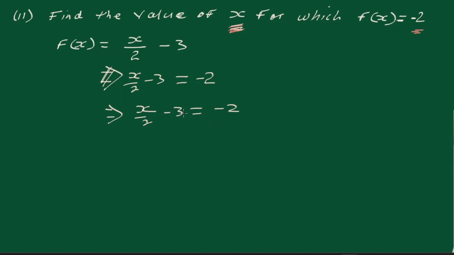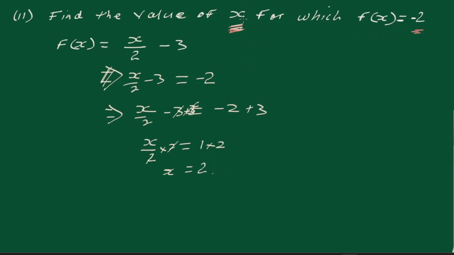We'll get rid of the negative 3 by adding 3 on both sides. If I add 3, the inverse of negative 3 is positive 3, and that will eliminate the 3 on this side, leaving us with only x over 2 equals negative 2 plus 3, which is equal to 1. And that's my answer. Again, find the value of x for which the function f of x equals negative 2.